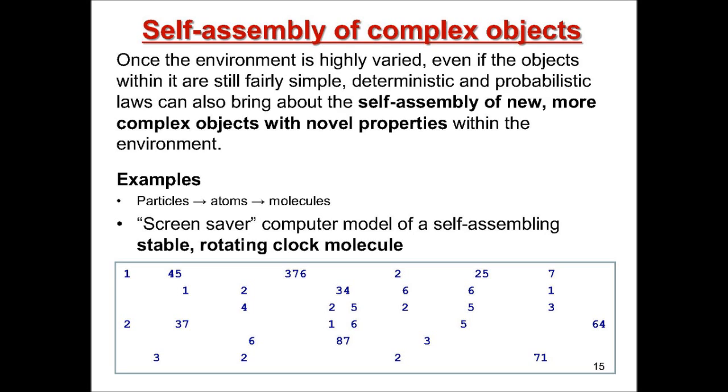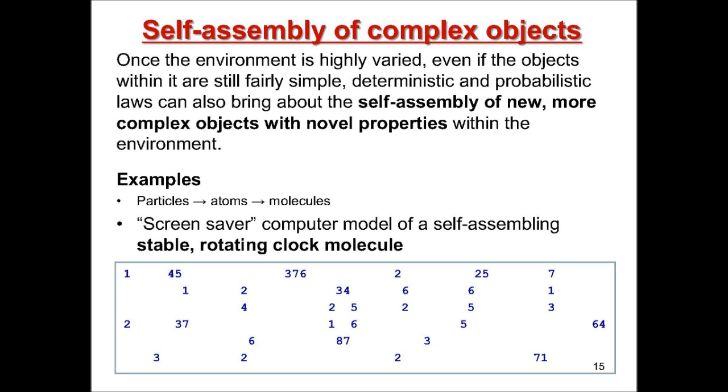I want to go back to this example. There's one molecule, this ring molecule, numbers 1 through 8, has a unique property in this program. Unlike any other molecule, it is stable. The bonds will not break. Unlike any other molecule, it moves exactly 1 notch per screen cycle. Now, there's no special rule which says once you have that molecule, you obey these special rules of being stable and rotating.